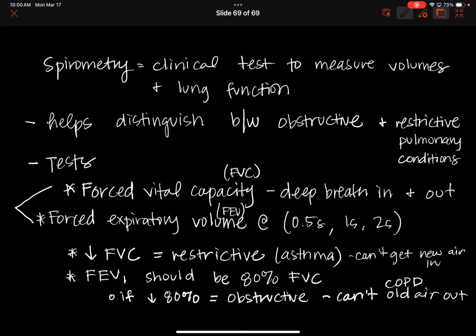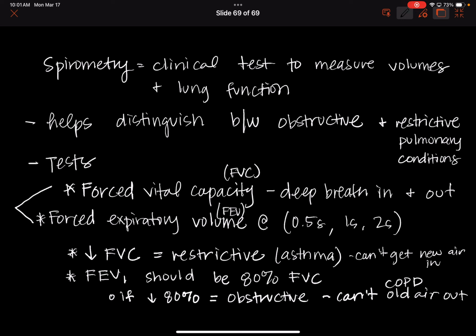If it's not 80% of your FVC, if you can't blow it all out or most of it out in that 1 second, what they might do is have you take some albuterol, which is an inhaler, the medication that you take for asthma. They'll have you take some albuterol, and then they'll have you do the test again. And then if it's improved, then you most likely have asthma. They can prescribe you an inhaler, and then you're done. Okay? But if it doesn't improve with albuterol, that means that you probably have a COPD kind of condition.